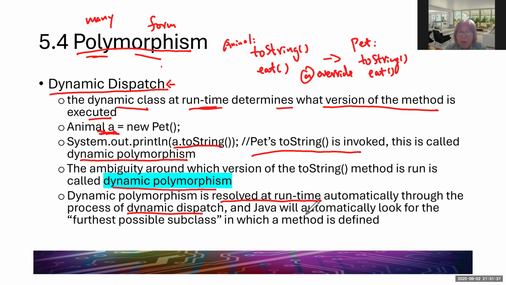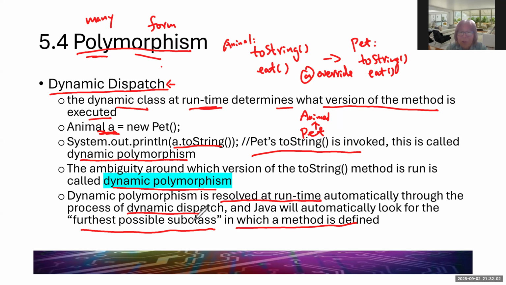Java will automatically look for the furthest possible subclass in which the method is defined. In this case, we start from Animal, and we inherit to create the subclass Pet.